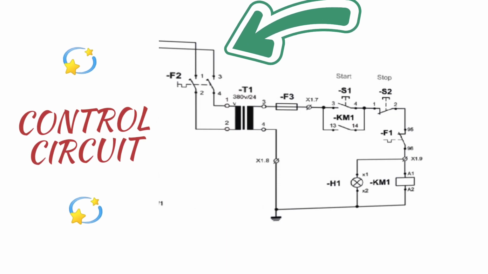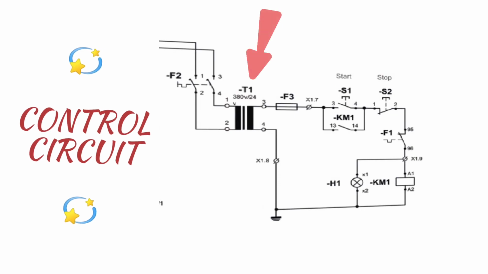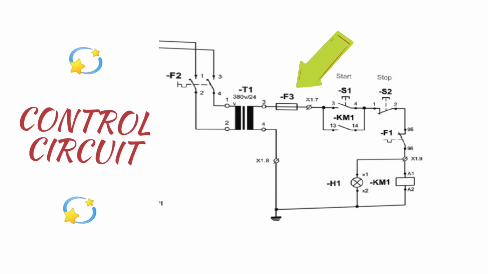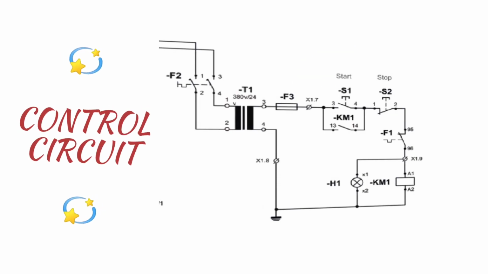This must be switched on manually. A transformer is used for converting 440 to 220, which is the requirement for the contactor. Then comes fuse F3, which protects the control circuit if a short circuit happens in the supply. In such a case, this fuse will blow and protect the circuit.